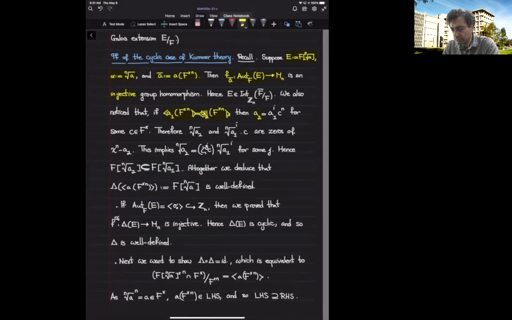That means A sub 2 should be A sub 1 raised to some power i times an element inside this subgroup, which means C to the n, for some C inside F cross.